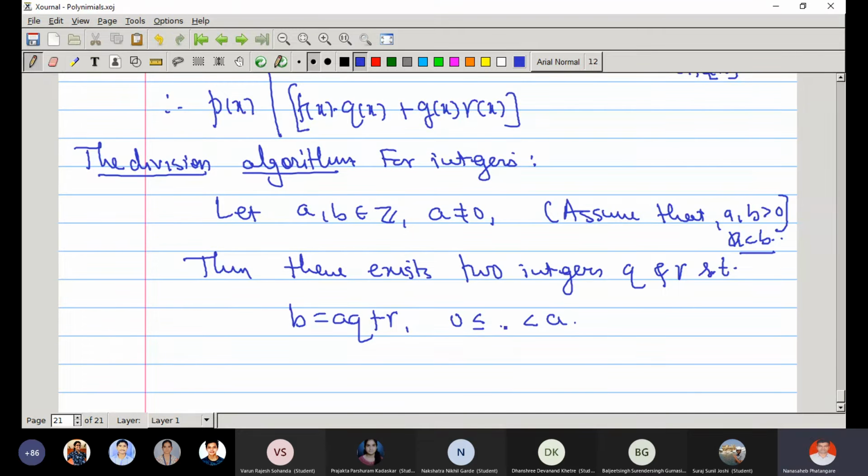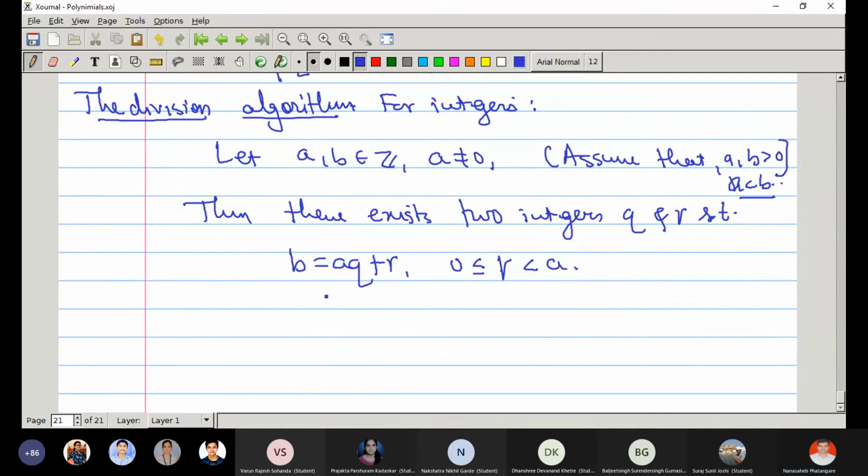Okay, so did you see this division algorithm before? Because you have already used this kind of thing. So here q is called the quotient and r the remainder.